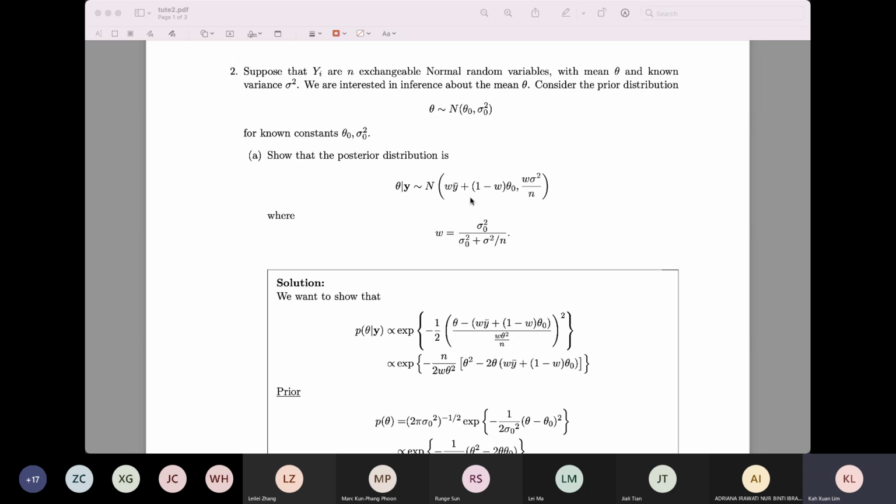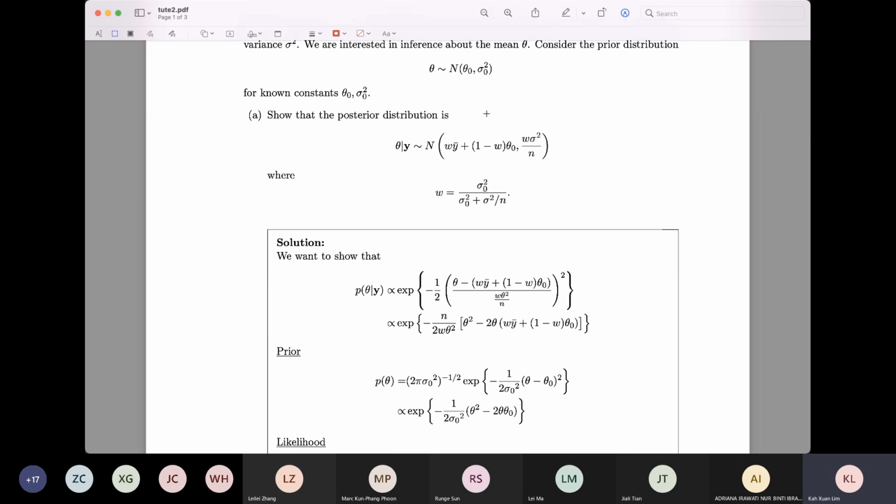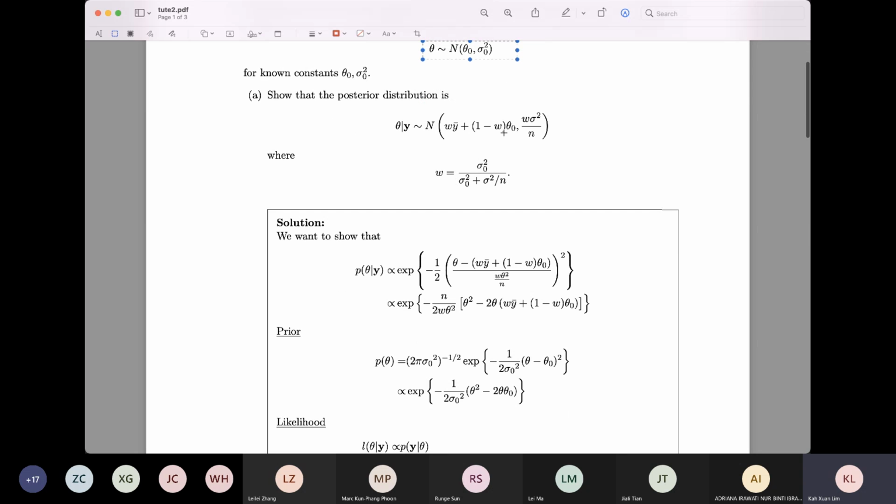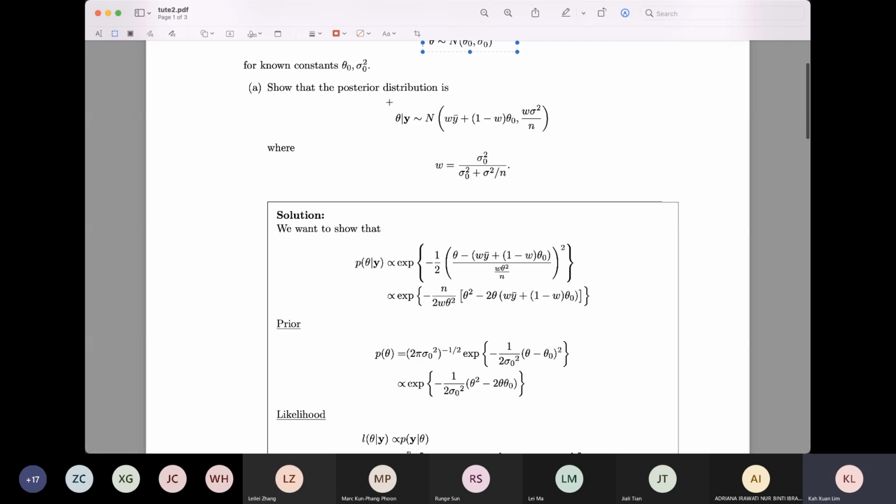For this question, we have random variable y from the normal distribution, and we are only interested in the mean. The variance is already known, and we were given this prior distribution. For A, we want to find the posterior distribution, and the question has already given it to us.